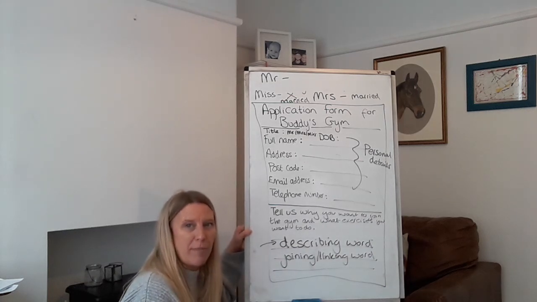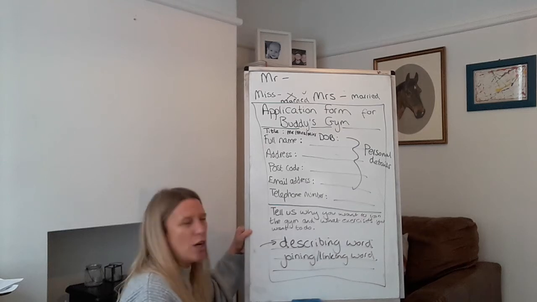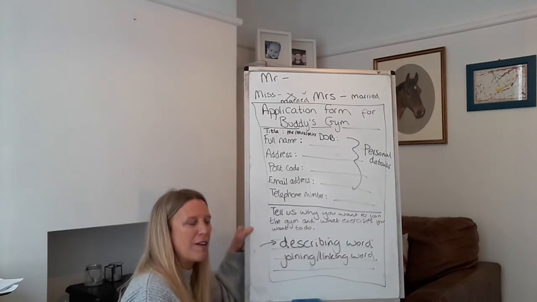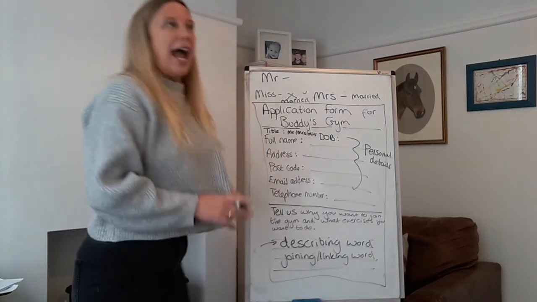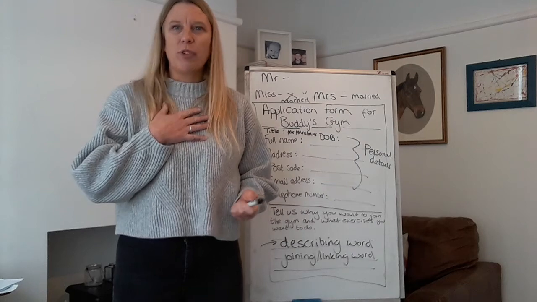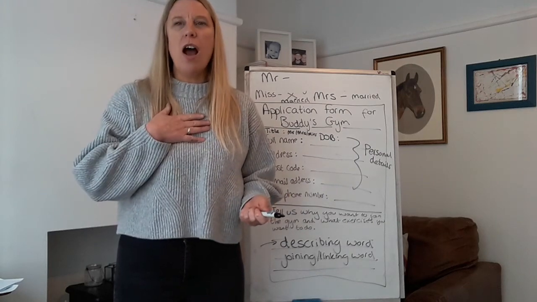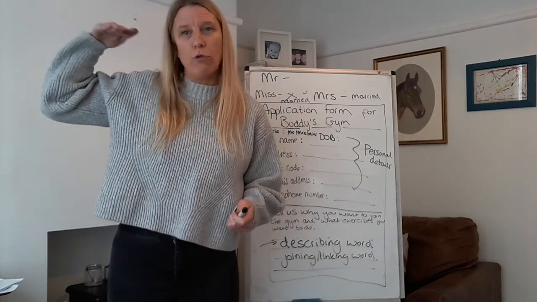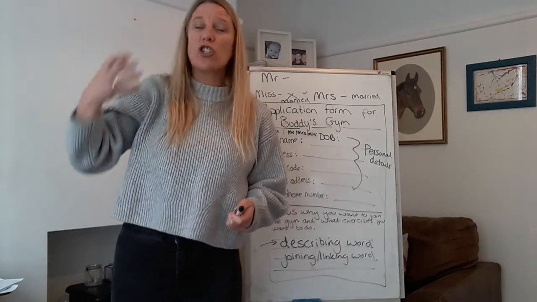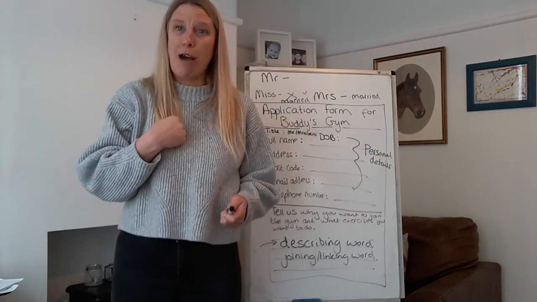It describes something, gives you information. We will look more at adjectives later in the course, but a describing word could be, for example, I am a woman. I am a short woman. Short, not tall, short. So a describing word is short. It tells you about me.